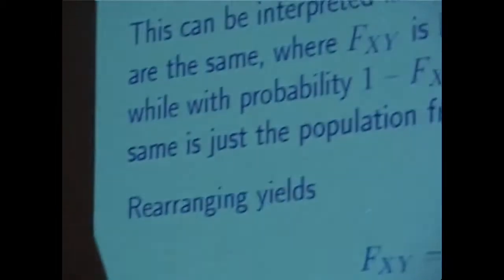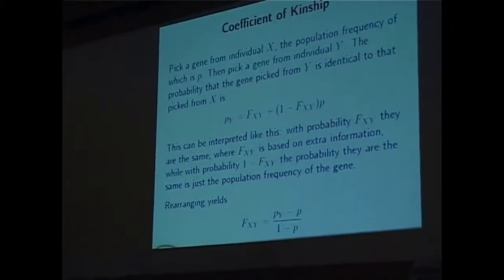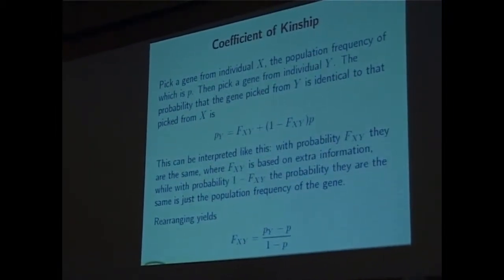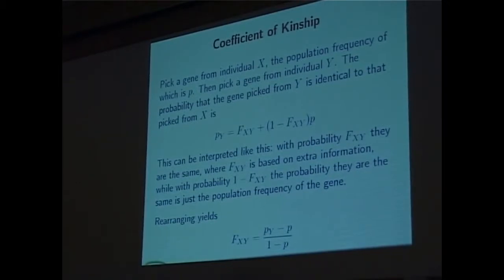Well, here we go. The coefficient of kinship. Pick a gene from an individual X with population frequency p. Pick a gene from another individual. The probability that the gene picked from Y is identical to that from X is this. So I pick a gene from me, pick a gene from my kid. What's the probability they're the same? Well, it turns out that 1/4 of the time they'll be the same gene.